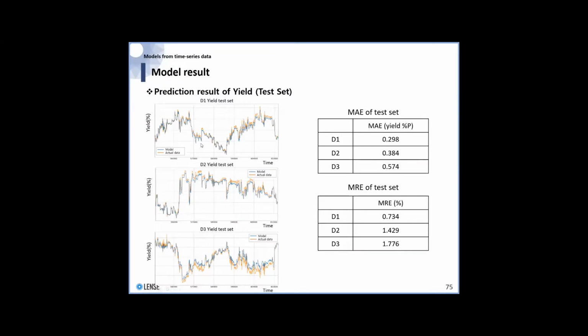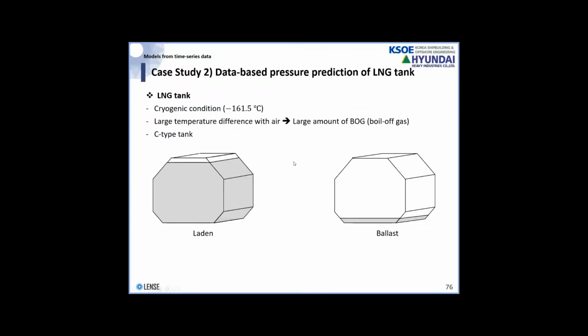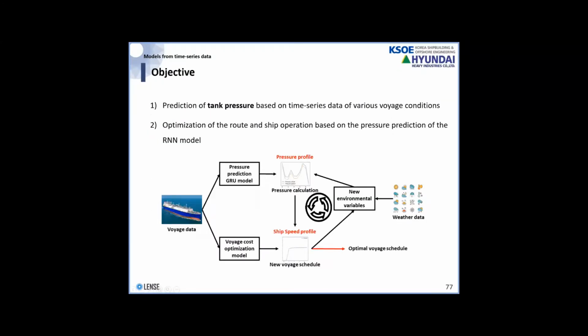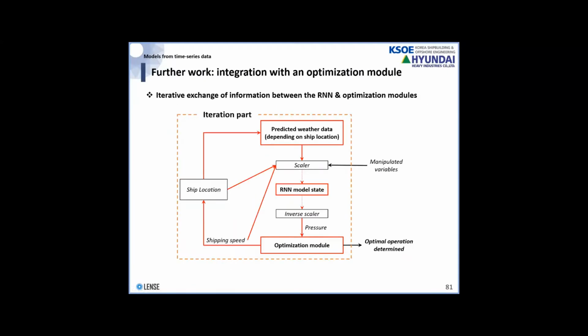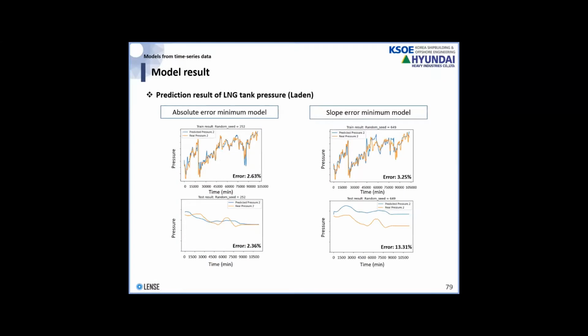And the yield as well: you can see the model versus actual data, and the trends are predicted quite excellently. Models like these recurrent neural networks or deep neural networks are pretty good at modeling trends. There are other examples, which I'm not going to go through, but you can take a look. This has to do with LNG tanks and pressure prediction within LNG tanks.